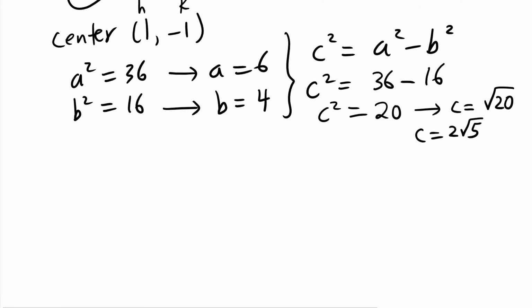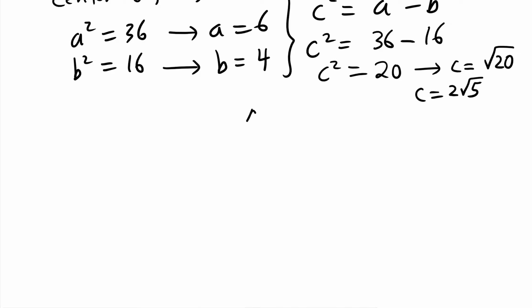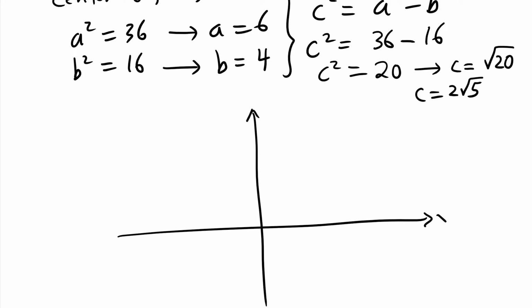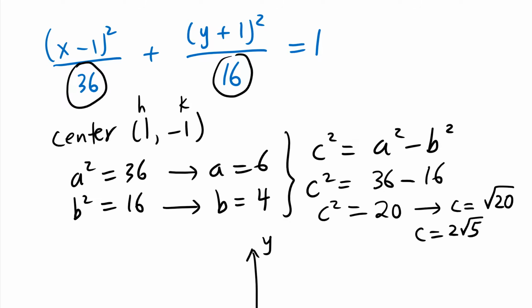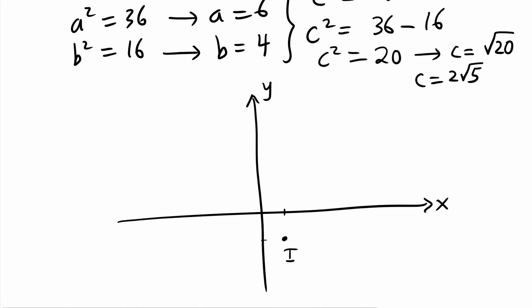Now we're going to plot this point, negative 1, negative 1. That's the center I. Notice the bigger number 36 is below x in the blue equation, so it's going to open horizontally, parallel to the x-axis. From here you're going to go 6 units: 1, 2, 3, 4, 5, 6. That lands at 7.